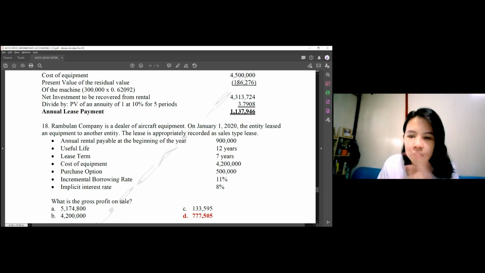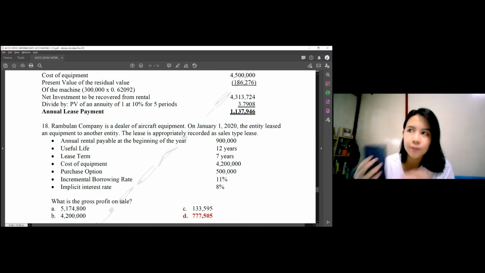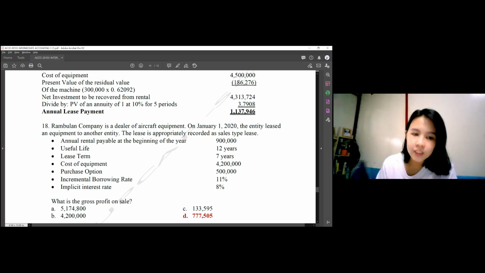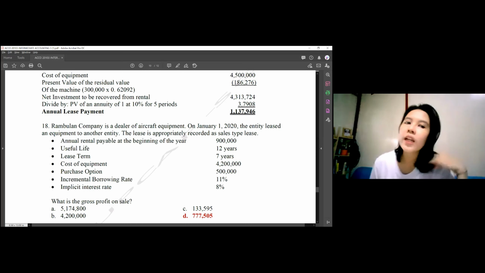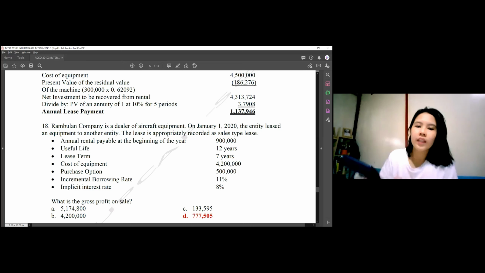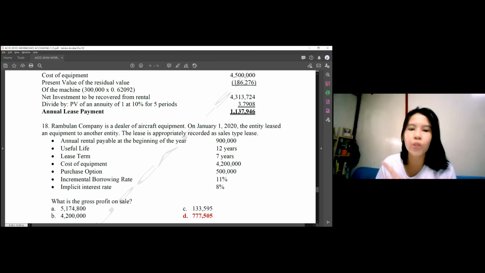Kung naalala nyo, si FAVE GAMBE, meron tayong kailangang i-account: F, fixed payments; V, variable payments; G, guaranteed residual value; B, bargain purchase option; and P, penalties related to that purchase option. So in this case, wala namang penalties, so we'll just get the present value of that purchase option.